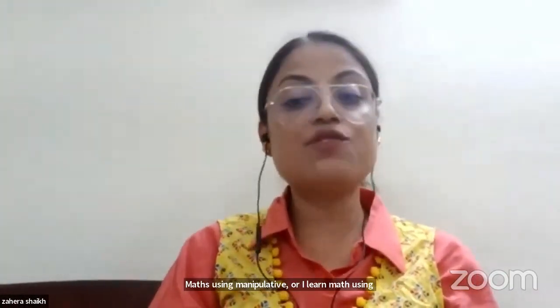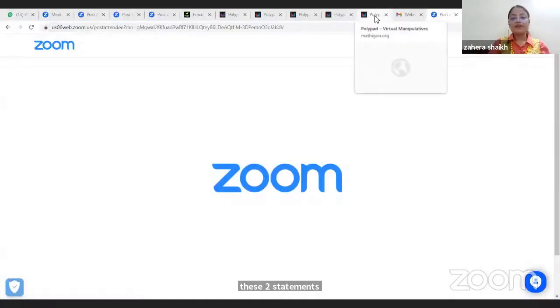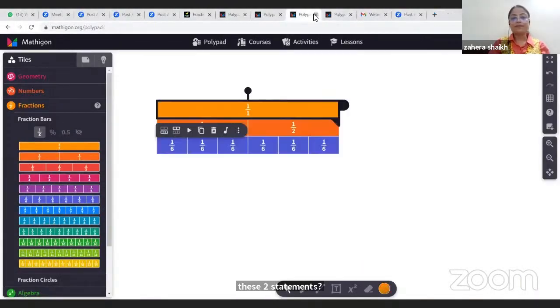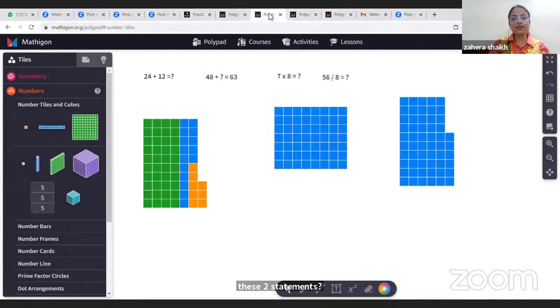Yeah, I use manipulatives to learn mathematics. What is the difference that you understand through these two statements? Yes, I would like to hear from you all.